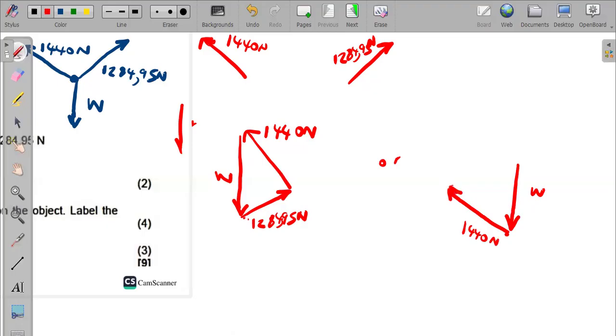Right at the head, I now draw the other force, and I have to complete this part here.